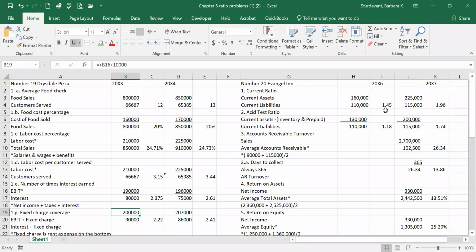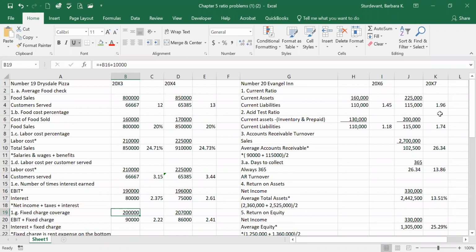Now, I think we talked about this the other day. In manufacturing, retail, I want to see this to be a 3 or 4. Hospitality, you can get away with a lot less. And that's because of that inventory factor. In manufacturing, as I mentioned the other day, they're going to have 3 inventory accounts, and they're going to be large.